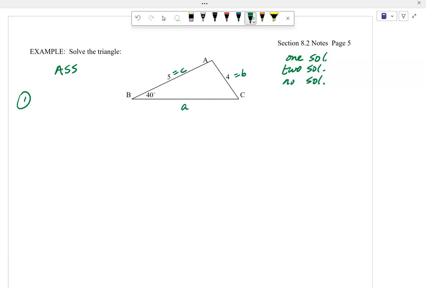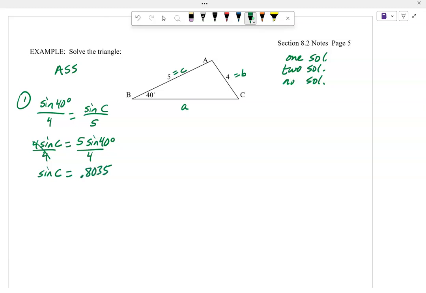So number one, we got the sine of 40 degrees over B equals, we don't know capital C, but we do know lowercase c. So 4 sine of C equals 5 sine of 40 divided by 4. So sine of C equals 0.8035, it looks like, 0.8035.